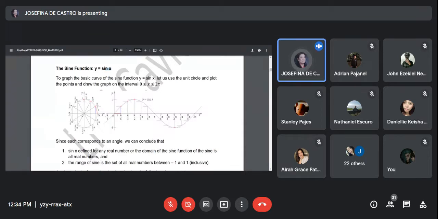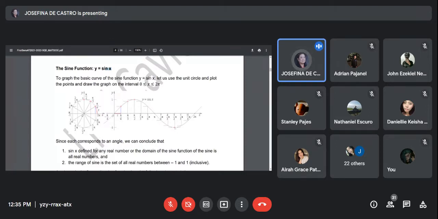And then another 1/4 of the circle from 90 to 180. Ito yun. Okay? And then another 1/4 from 180 to 270. Ito yun.